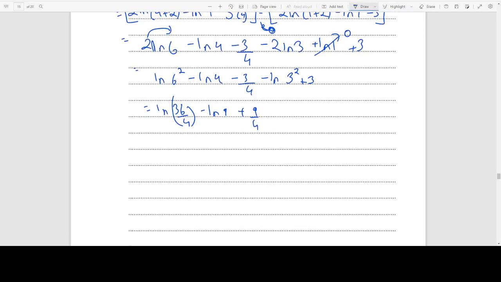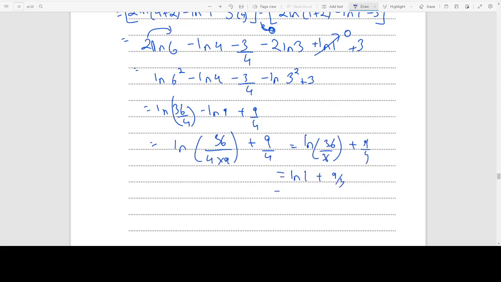Again, the 9 will go in the denominator, so ln of 36 upon 4 into 9, plus 9 upon 4. I hope you guys understood why. Then we have ln of 36 upon 36, which is ln 1, plus 9 upon 4, and ln 1 is equal to 0. So we have 9 by 4 as the final answer.